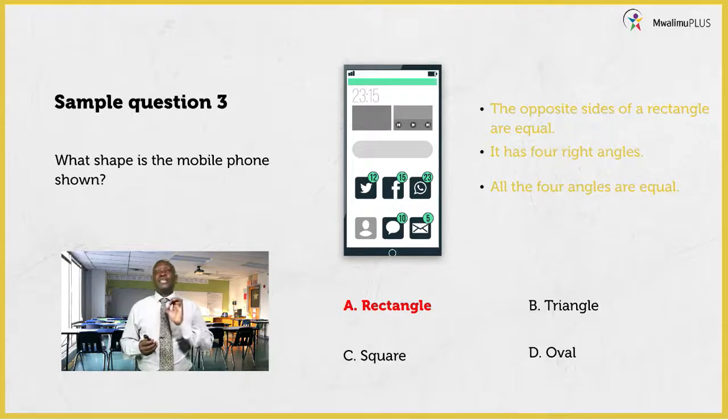Again, learners, you have to know that shapes are named according to how they look. They can be square, rectangles, or triangles, depending on how they are. And when you look at a rectangle, you find that the opposite sides of a rectangle are equal. The longer sides are of the same length, and the shorter sides are of the same length. If the longer side is maybe 10 centimeters, the other one is also 10 centimeters.